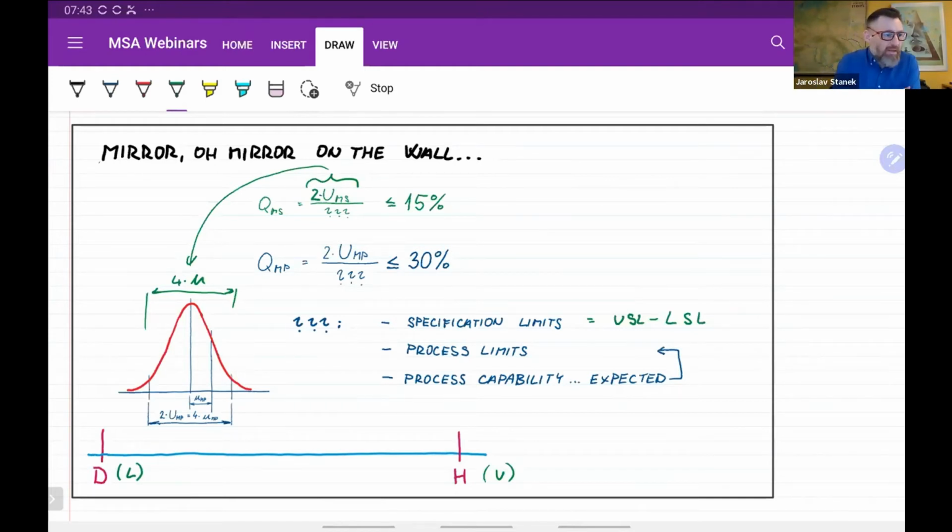So the decision about one individual part being within the tolerances is more difficult than the decision about a production process being of such quality that there is a high probability all the outcomes will be within the tolerances. The reason is that with the process we are more or less dealing with averages, or generally speaking mean values, and the uncertainties of the mean values are smaller than the uncertainties of the individual values. So this 30%, be careful about that. The measuring device is okay for controlling the production process.